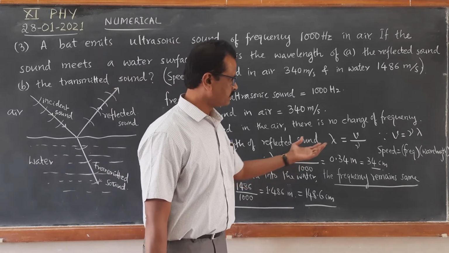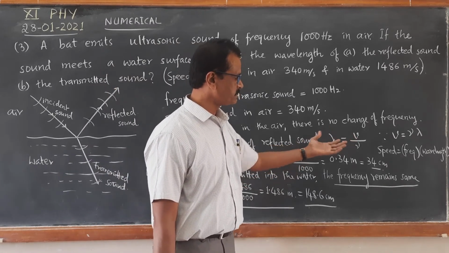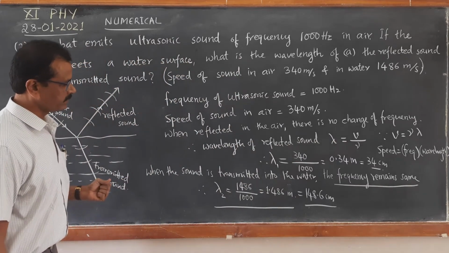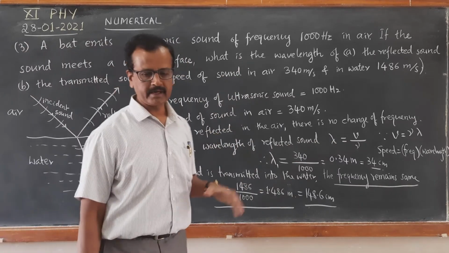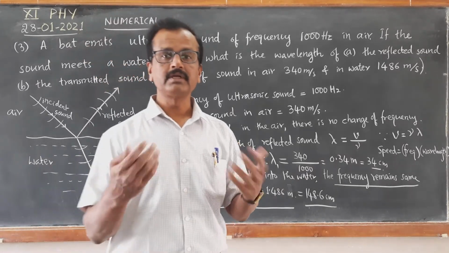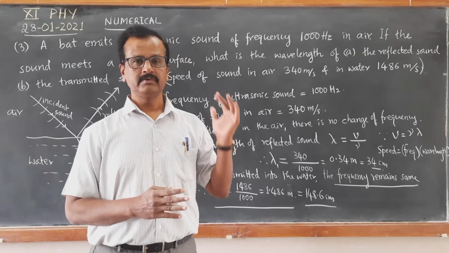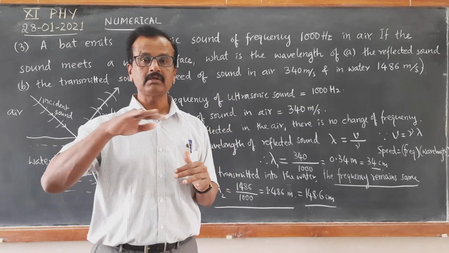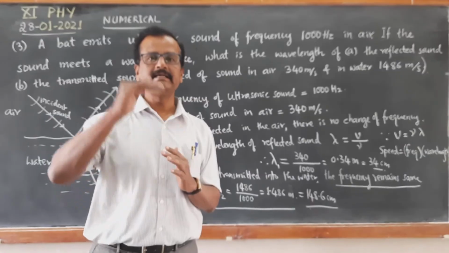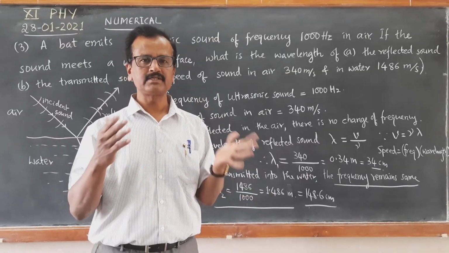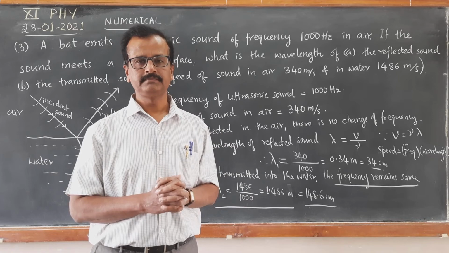Wavelength multiplied by frequency gives us speed. So using this one can calculate the wavelength. Same thing we are applying to the light waves. Next year you are learning light. When the light falls on a water surface, partly the light is reflected and partly the light is refracted, that is transmitted through the water.